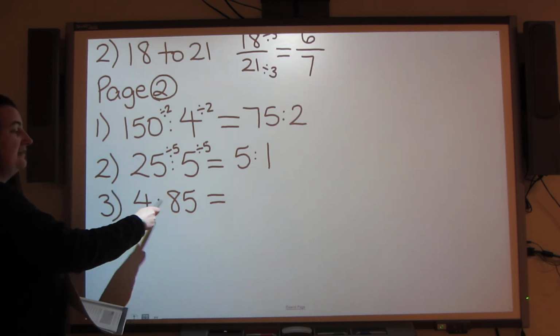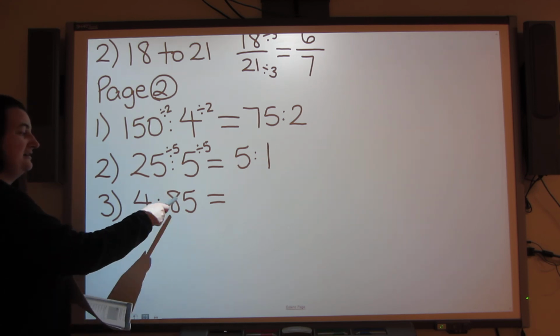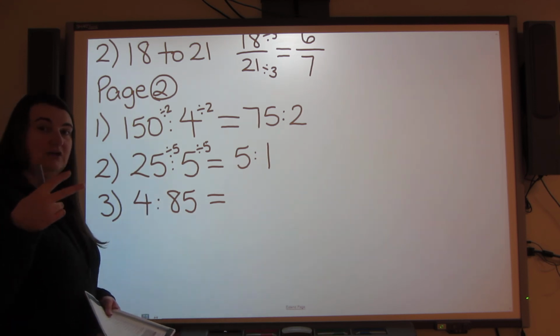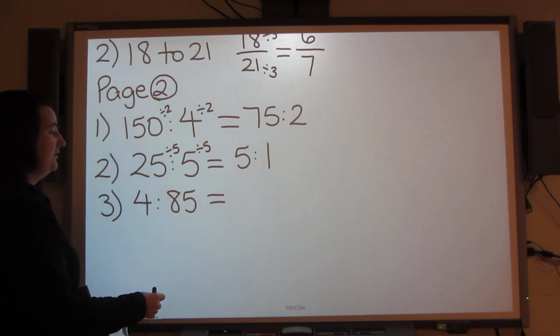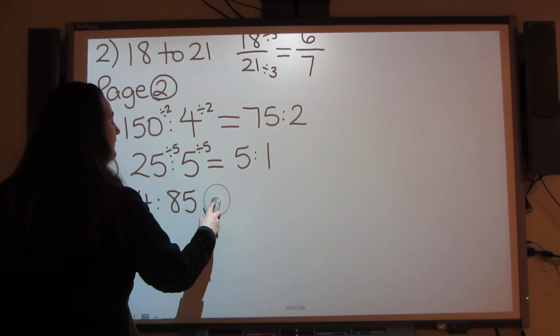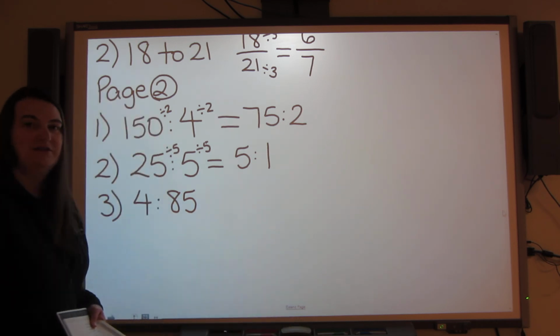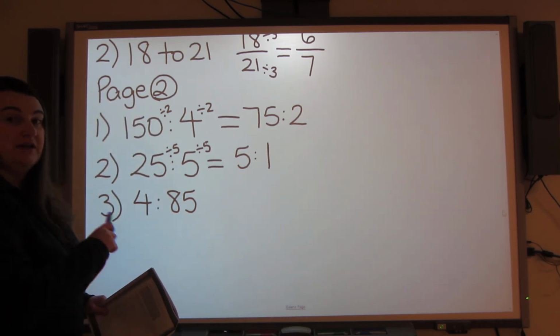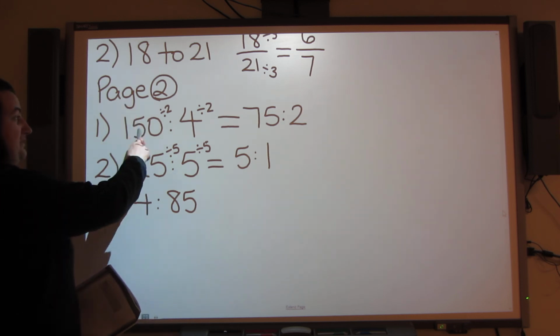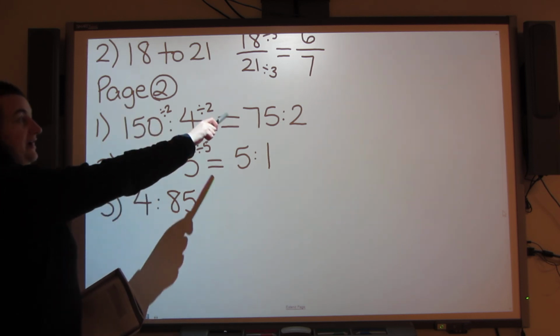You cannot make them any smaller because you cannot divide 85 by 2 and you cannot divide 85 by 4. So it's already lowest terms. So this is how you do page 2. You get rid of the words, you just use the numbers, you find lowest terms.